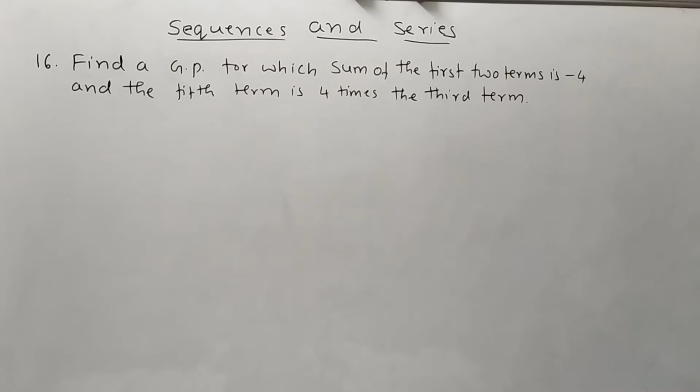Question number 16. Find a GP for which the sum of the first two terms is minus 4 and the fifth term is 4 times the third term. Solution.